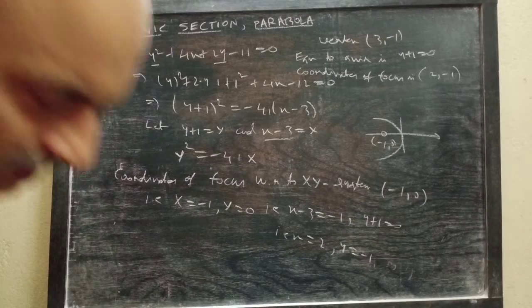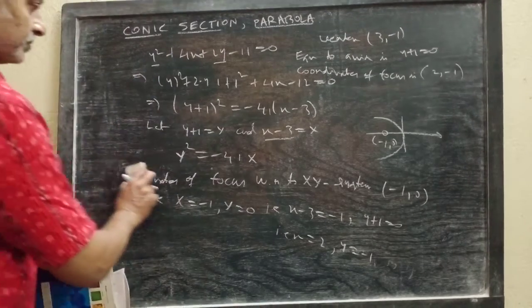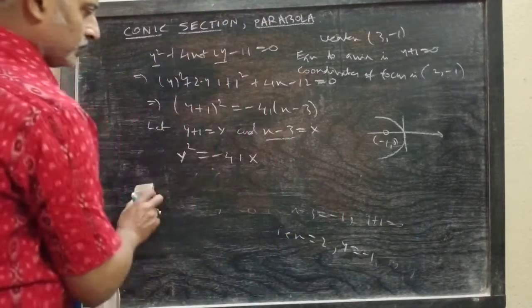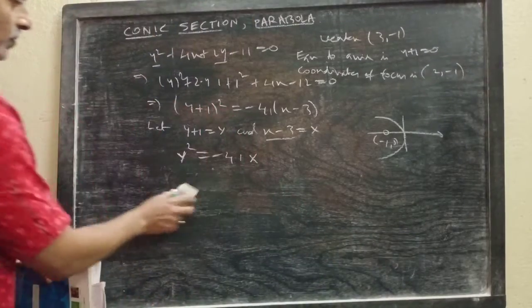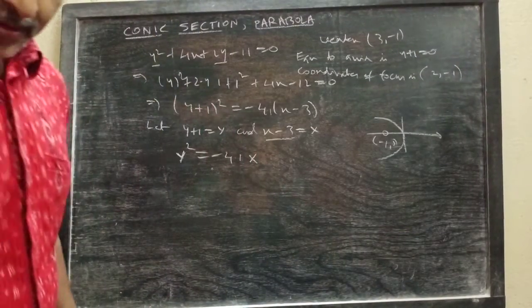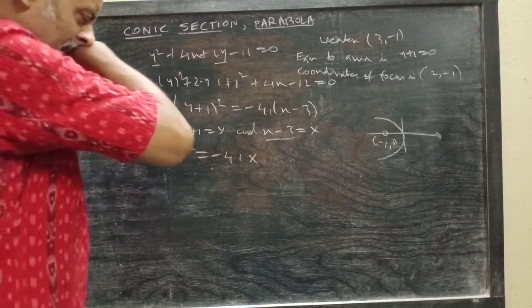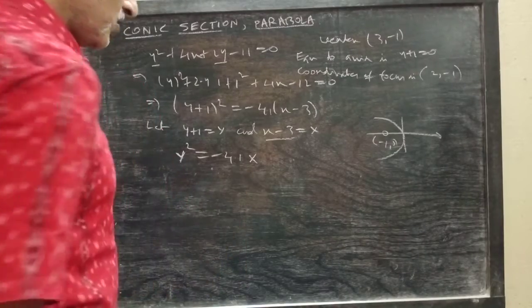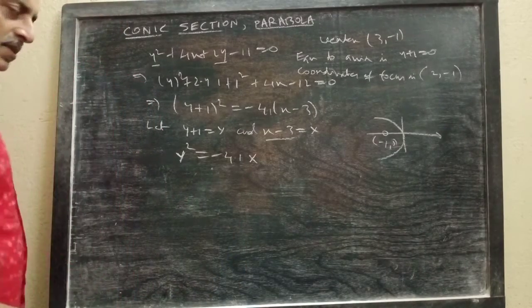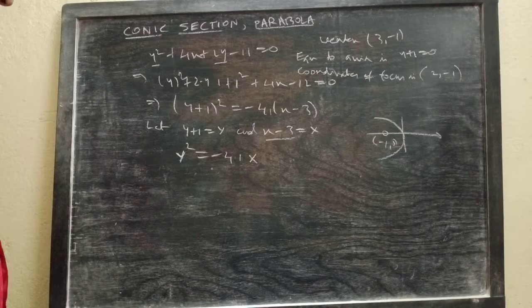Next, length of latus rectum. We have seen in the table form that in each case length of latus rectum is 4 mod A units. Here A is 1, or you may consider minus 1. So that's why I have written there 4 mod A units.